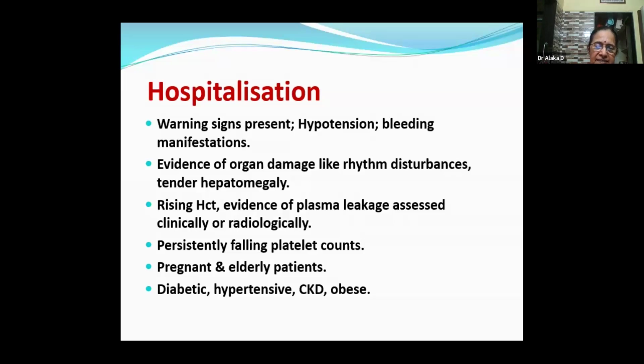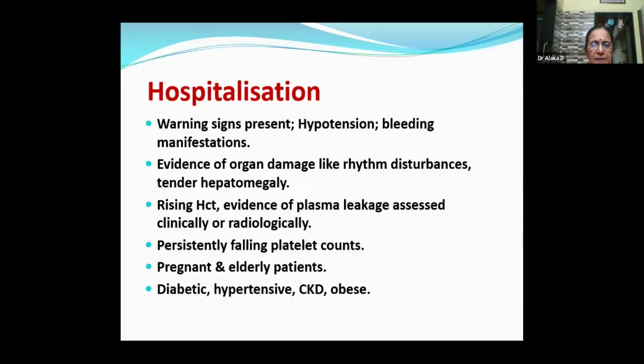So rising HCT, evidence of plasma leakage is assessed either clinically or radiologically. And if there is plasma leakage from the capillaries, a stage can come where the urine output also will drop, because all this fluid is getting accumulated in the third space. Okay. And at that time, we should admit the patient.